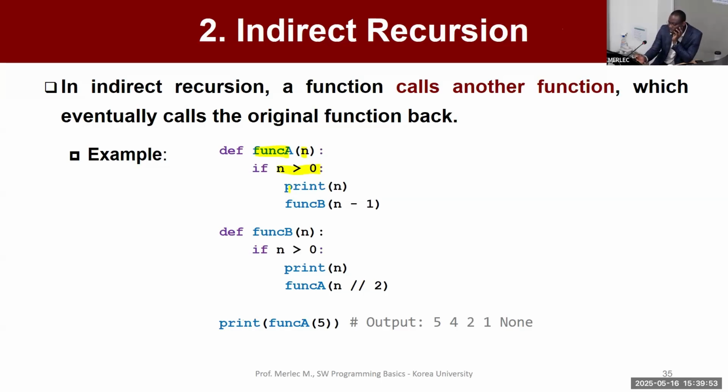If so, it will print the value of n and then call another function b. Then the second function b is defined almost similarly to func a. The condition is the same, n greater than 0, and then print. Here we divide n by 2. We just collect the integer part.